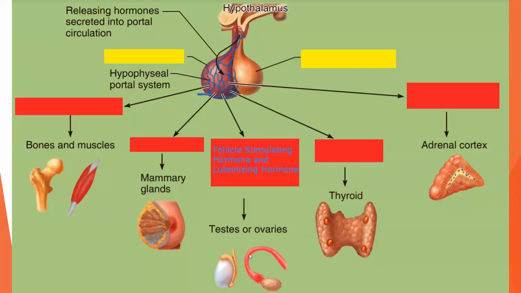That's correct. So it's actually two hormones. We have your follicle stimulating hormone and luteinizing hormone. Your follicle stimulating hormone stimulates production of ova and sperm, while the luteinizing hormone stimulates the ovaries and the testes.